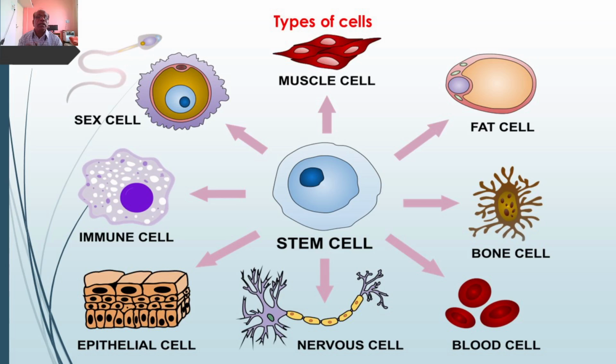This stem cell has the capacity or ability to differentiate or develop into different types of cells or tissues, which are responsible for the development of different tissues, organs or systems so as to perform the particular biological functions of the living organism, which are essential for the survival of the organism.